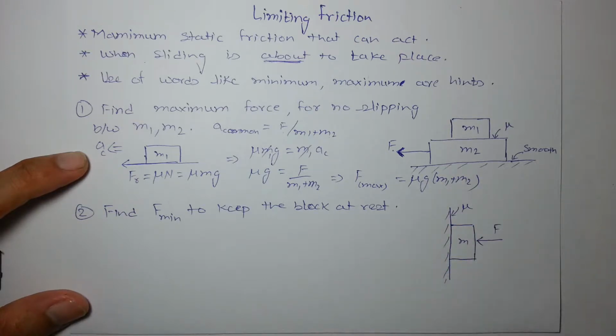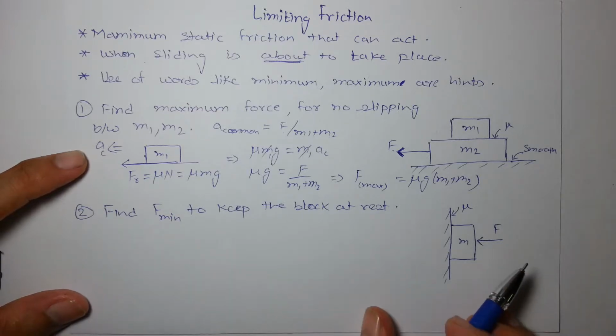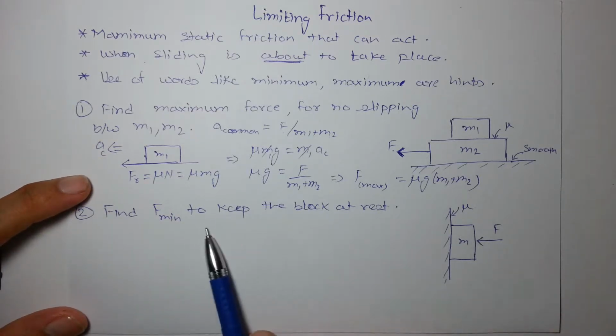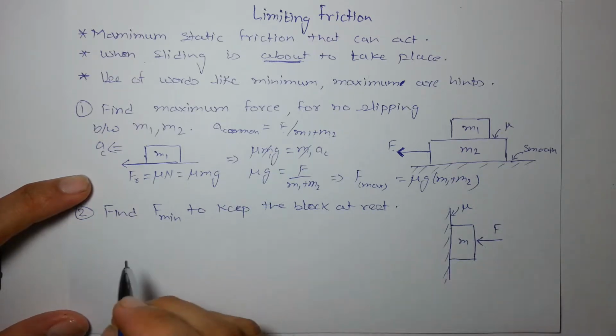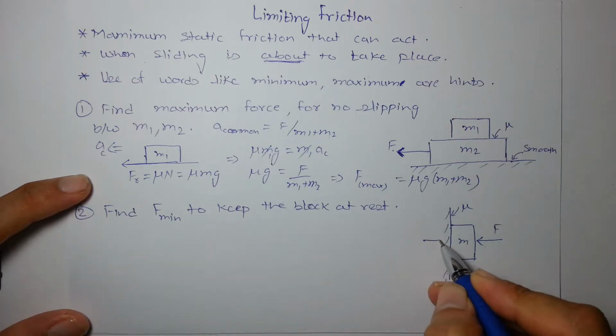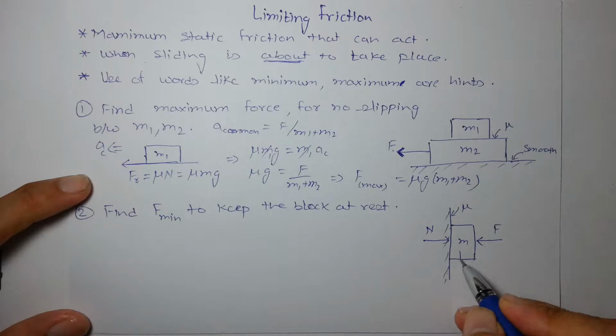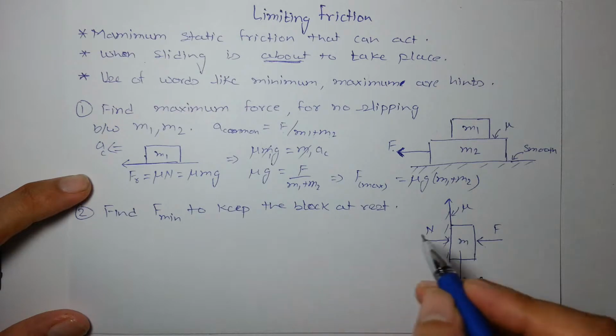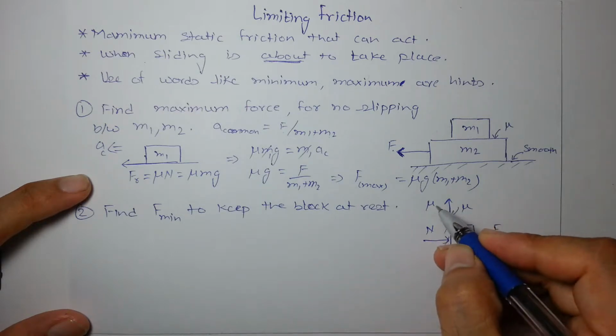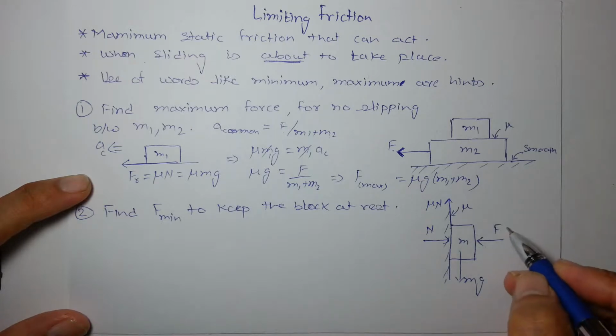This is the maximum force on the lower block we can apply so that both move together without slipping between them. In the next example, we have to find the minimum force to keep the block at rest against a wall. This is a wall, an external force is applied on it, and we have to keep it at rest against the wall. Drawing the FBD, we get normal N and mg, and as the case is limiting, the friction force acting will be mu N. And this force is minimum.